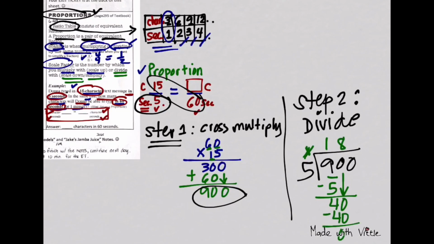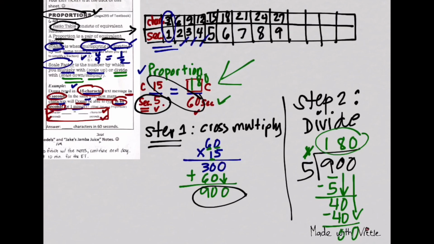Now this is not yet done because you have an extra 0 to bring down. And if you brought down a number, you have to have an answer on the top. And it's going to be 0 in this case. Therefore, going back to our proportion, how many characters can Donna type in 60 seconds? That's going to be 180 characters in 60 seconds or 1 minute.